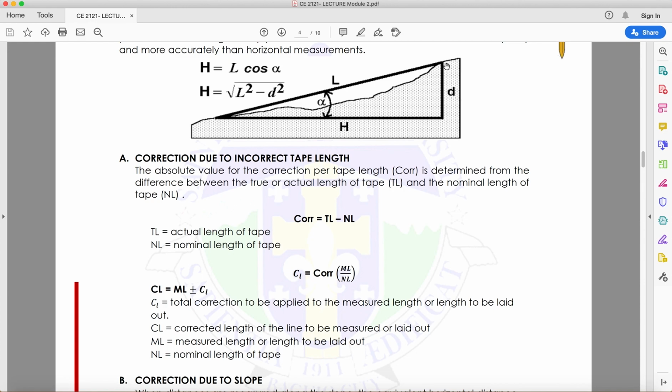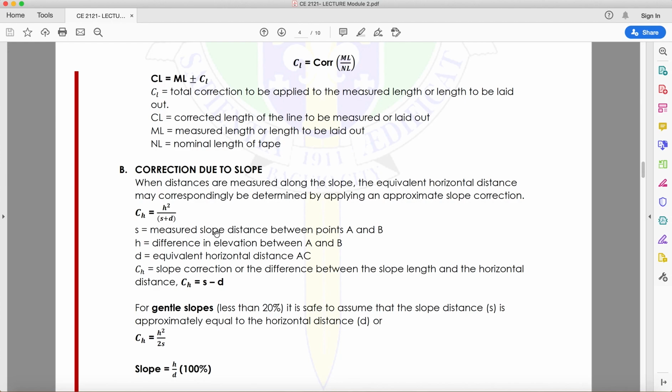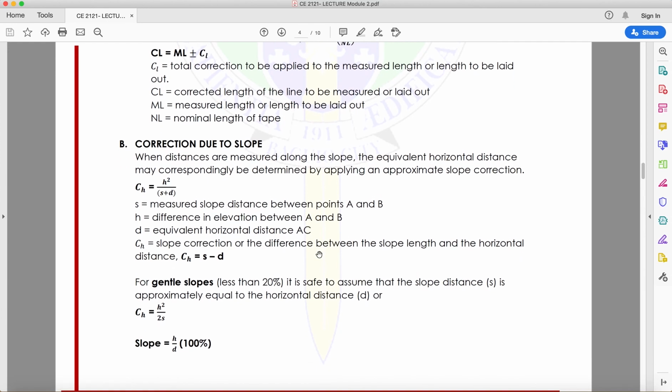Magkaiba sila ng height, or magkaiba sila ng location, vertical location. Okay? So S is the measured slope distance between point A and B. So D is the equivalent horizontal distance AC.